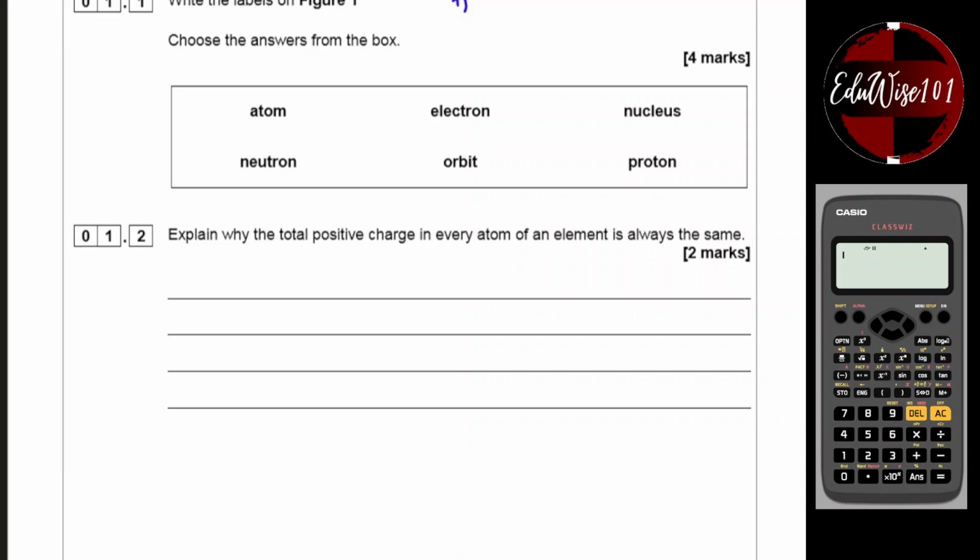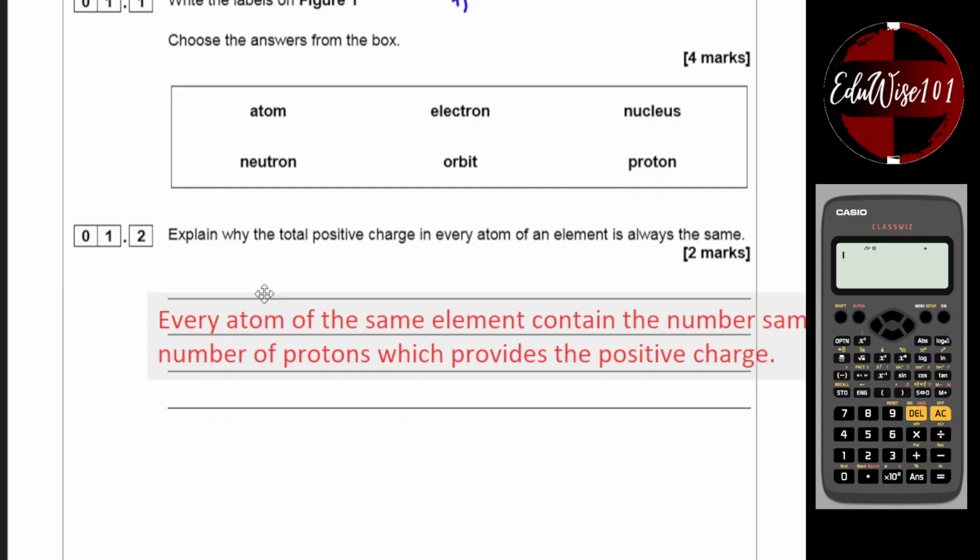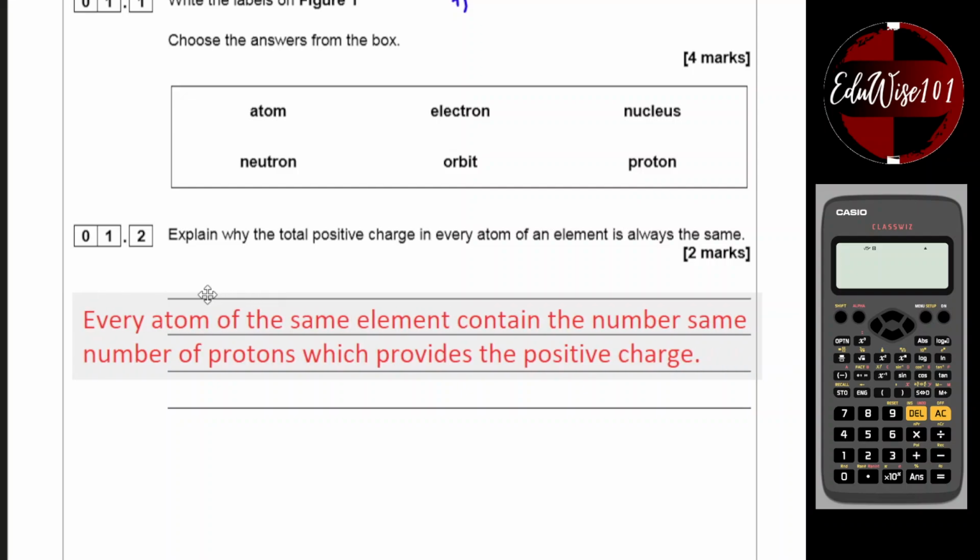If it is helium gas, every single atom of helium has two protons, and so on. So the answer: every atom of the same element contains the same number of protons, which provides the positive charge. So the positive charge is coming from the protons, and the atoms of the same element contain the same number of protons for the second mark.